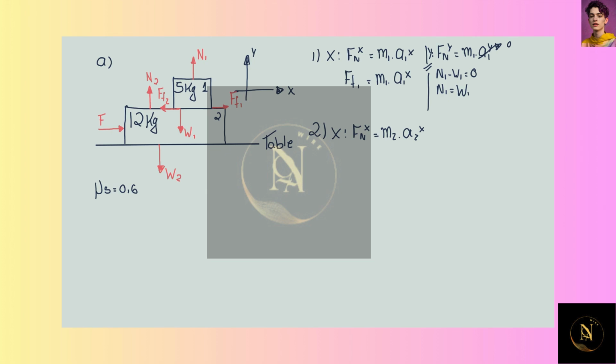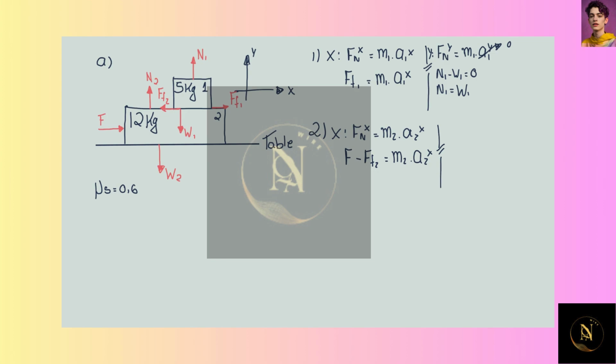There are two forces acting on block number 2 in the horizontal direction: this applied force and the frictional force that block number 1 exerts on block number 2, trying to make it not move. Then this results in the following. F, which points to the positive direction, minus the friction number 2, which points to the negative direction, is equal to the mass of block number 2 times its acceleration.